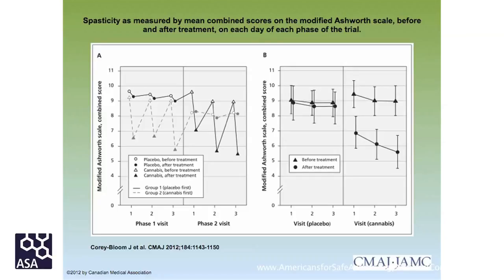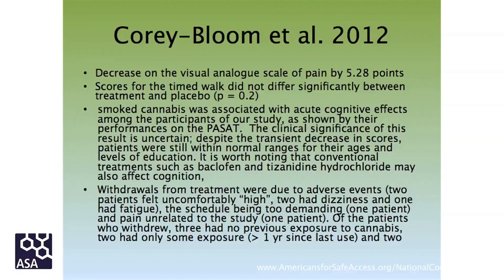This is before and after testing of spasticity in multiple sclerosis patients. You can summarize the data this way too: when they have cannabis, the patient's level of spasticity drops down to here, but if they have placebo, it stays up here. This is where the rubber meets the road. This is where the money is. Anyway, I'll skip all of this.